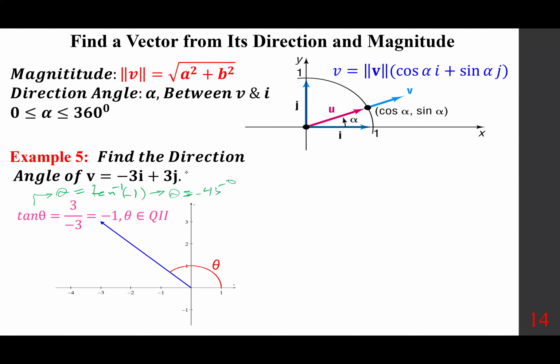But because we know this belongs to quadrant 2, we just have to add pi or 180 degrees, and that makes it 135 degrees. So theta is 135 degrees. That's all we're looking for, theta or alpha.